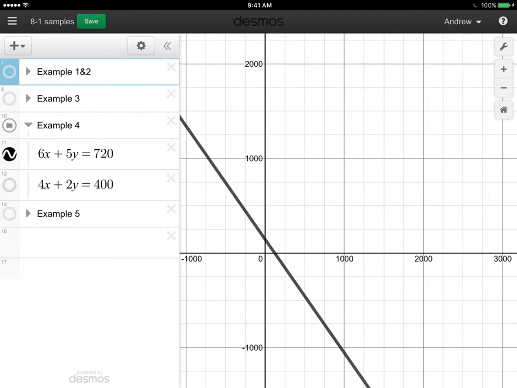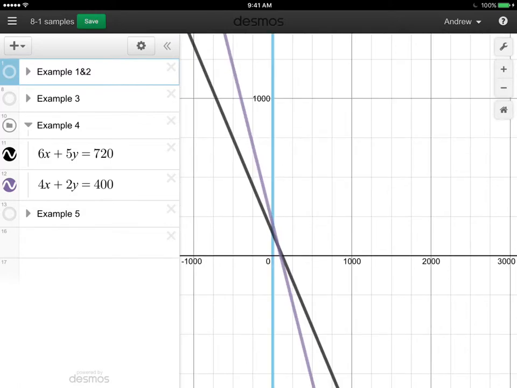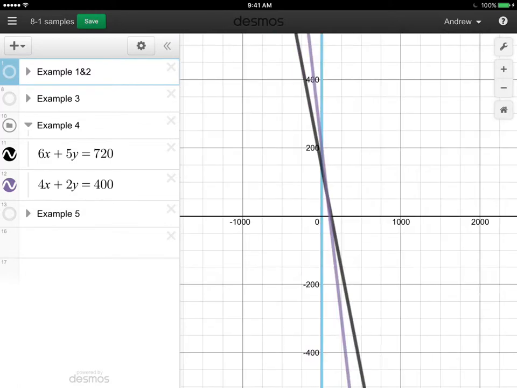And if I zoom in on that, gotta give it time. It's taking a lot longer than it should. I'm gonna save that.